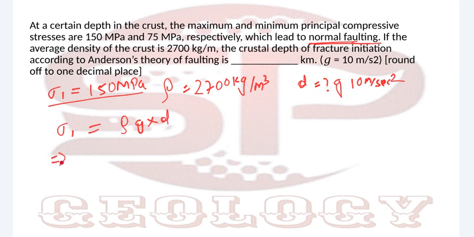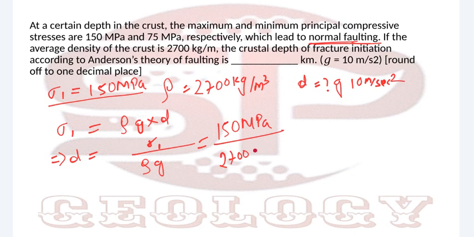So we have to calculate the depth. It will be sigma 1 divided by rho g. Sigma 1 is given as 150 MPa divided by 2700 into 10.